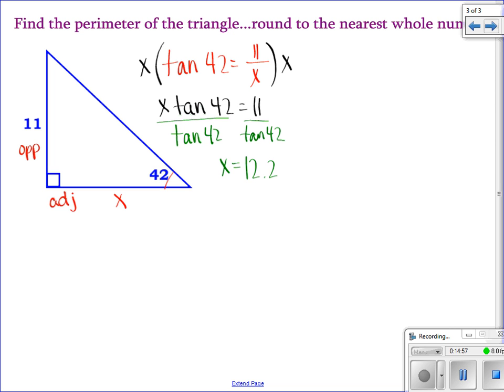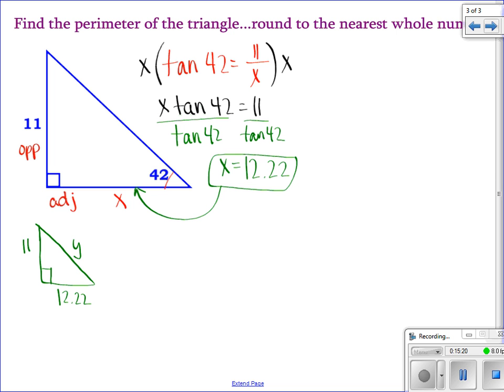So we got 12.22, which is the length of that side right there. Now we have a triangle that looks like this. Let me redraw it for us. 11, 12.22, and we're trying to find this.